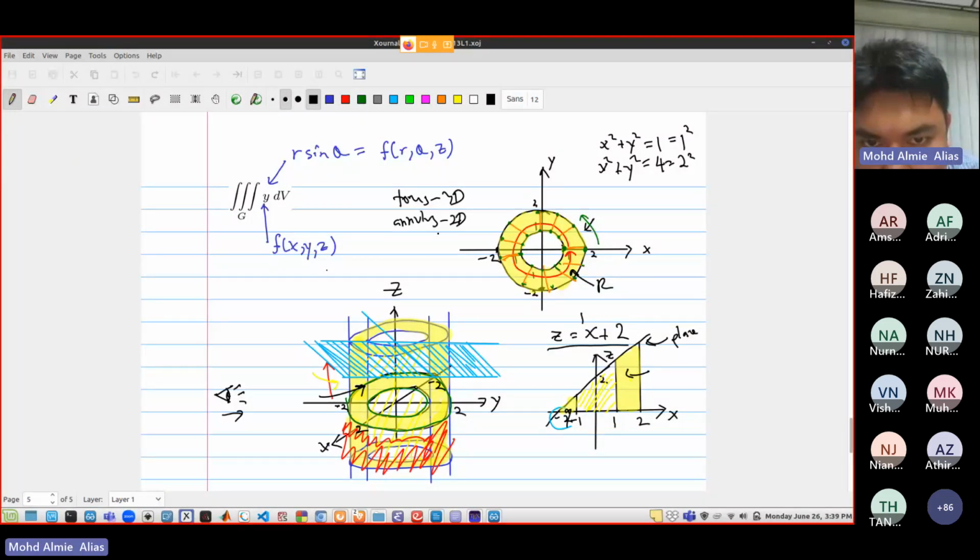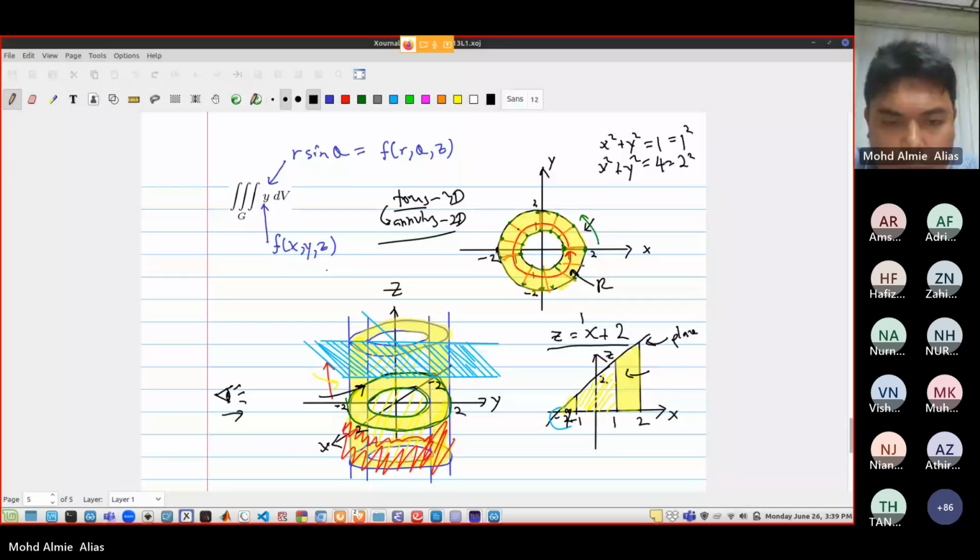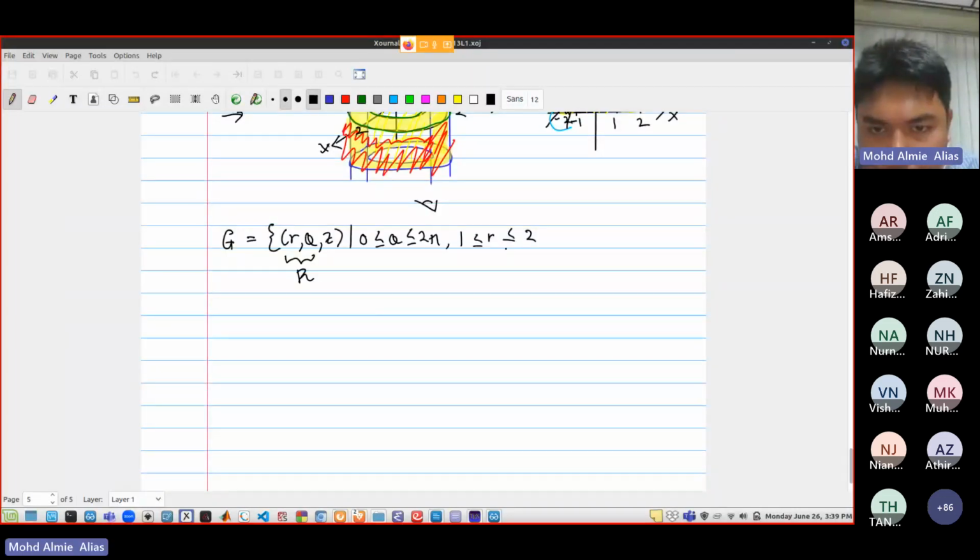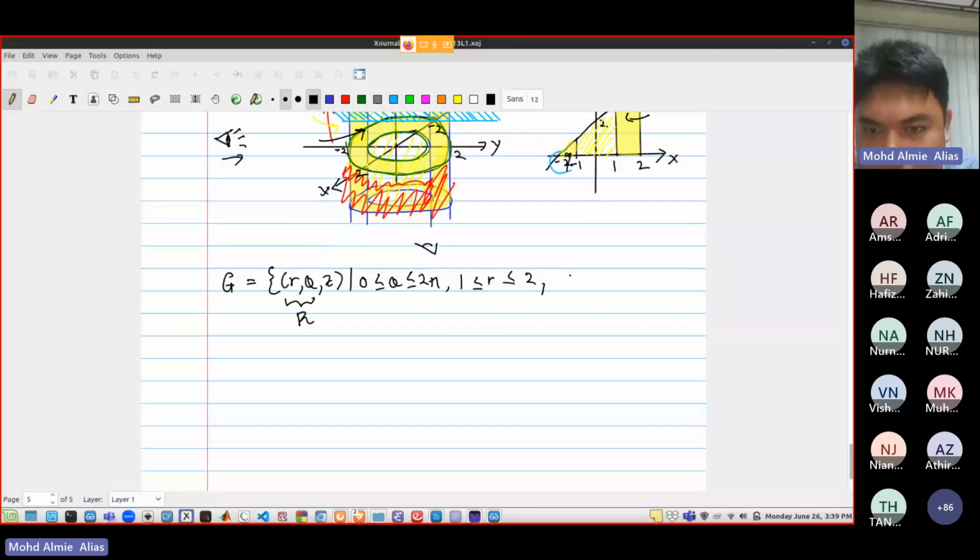So what I meant here is actually an annulus, a donut in 2 dimensions. If I said torus just now, just change it to annulus. The idea is still the same. What I meant is something like this. So you have this, and this is r, and you need another one, which is z.